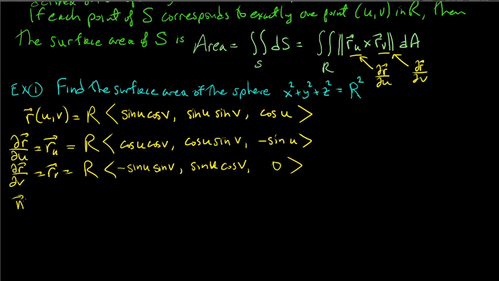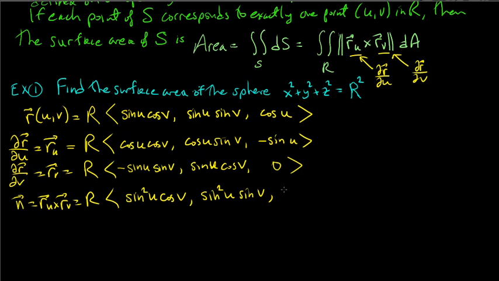And we already took the cross product as well. That was our normal vector. I guess let's do it again. Doesn't hurt to practice. So this was sine squared of u cosine of v for the first component. The second component will be positive sine squared of u times sine of v.